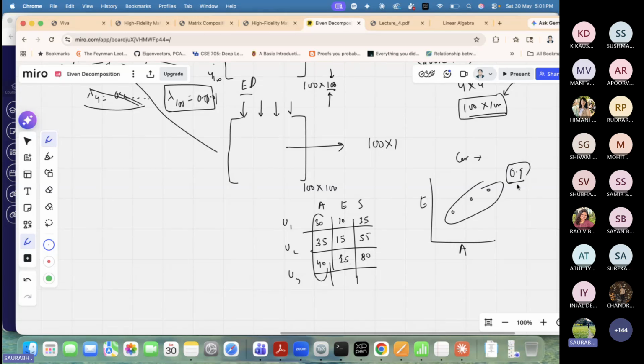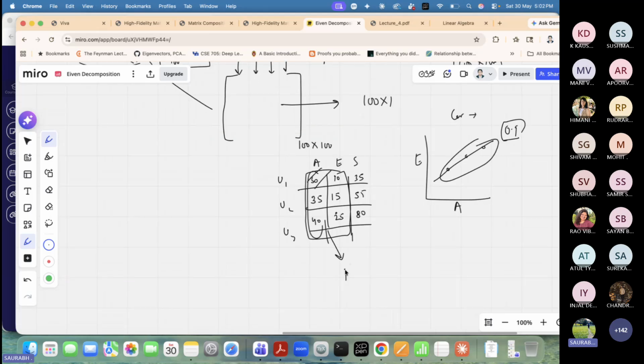Now both of them are highly dependent variables. These two dimensions can basically be combined into one, because they are very linearly correlated. When you have high correlation in your matrix, some of the lambda values for the matrix will be very high.